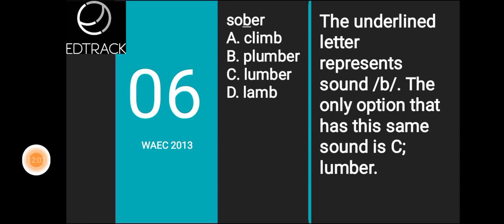All of their rules have exemptions. So we could say this is one of the exemptions. So the letter B that is not pronounced in plumber is pronounced in lumber. So option C is our correct answer.